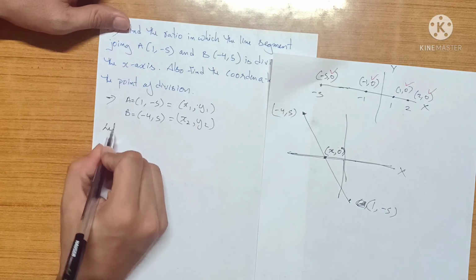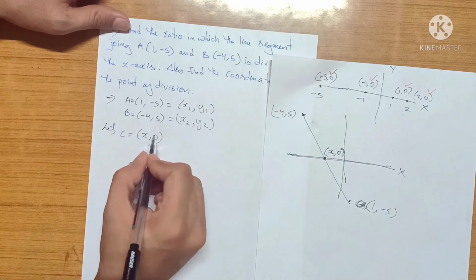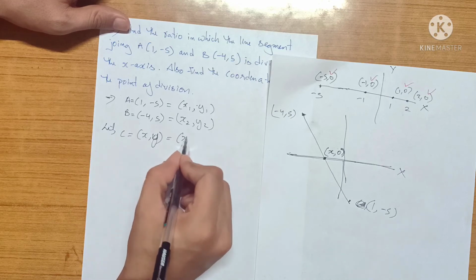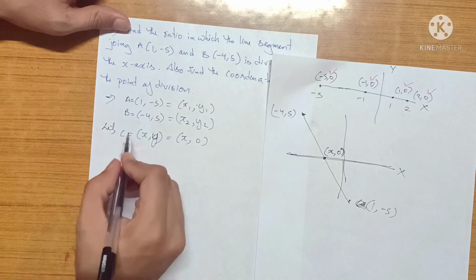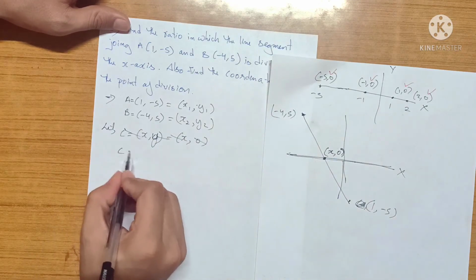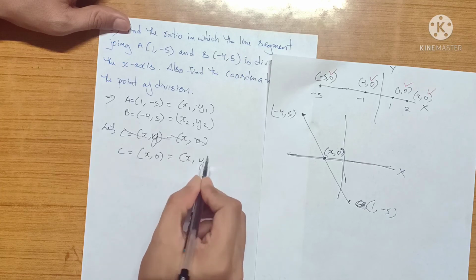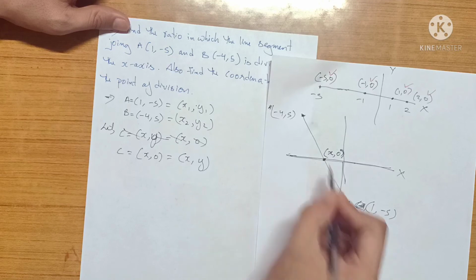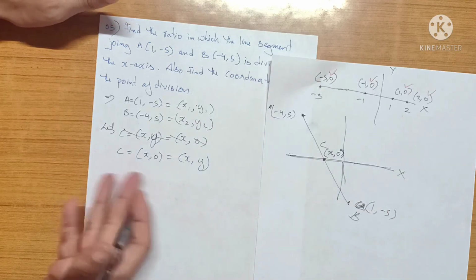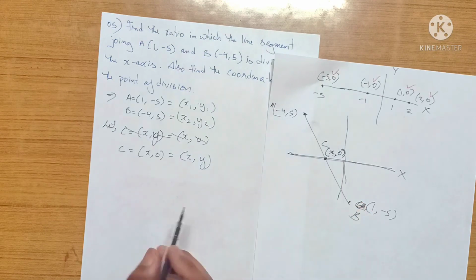And then we're going to take C equal to (x, y) equal to (x, 0). This is our point A, this is our point B, so I'm taking this as C. So this C represents the (x, y) for which we use the formula.